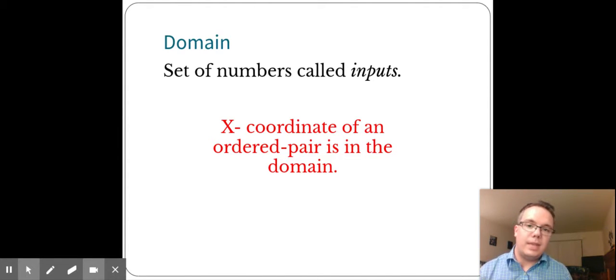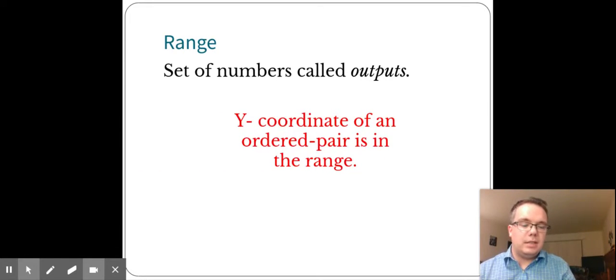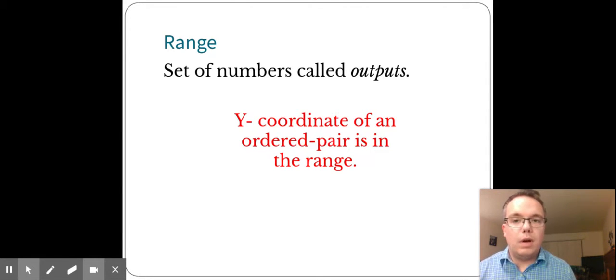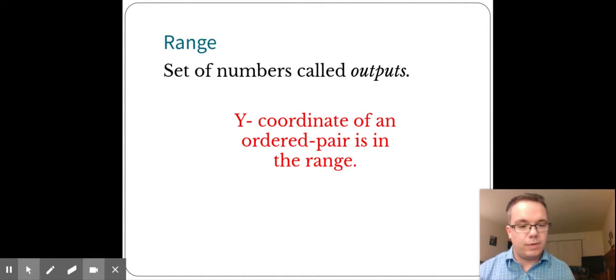So the x part is what we put in, so that is part of the domain. What we get out of the machine, or the y-coordinate, or the y in an equation, is called the output, or it's part of the range. So we put in a number from the domain, get a number out from the range in this mathematical machine called a function.